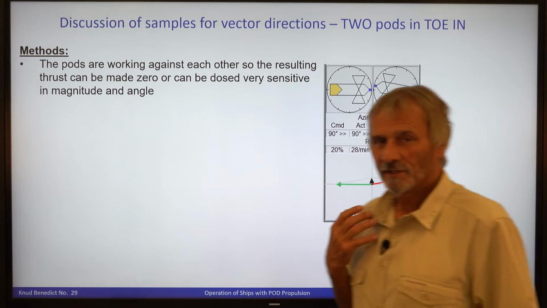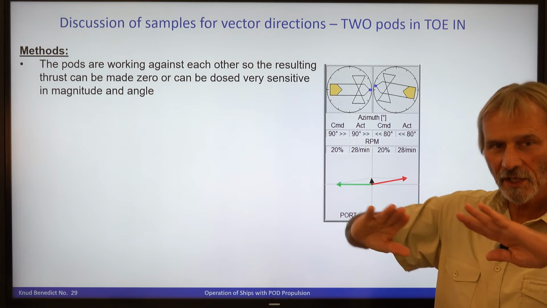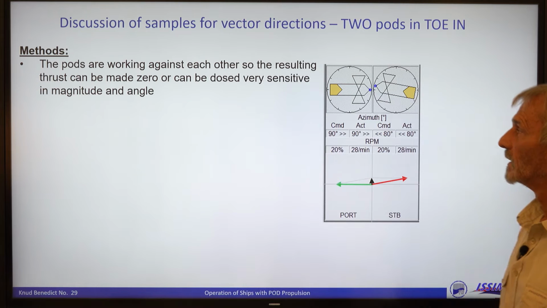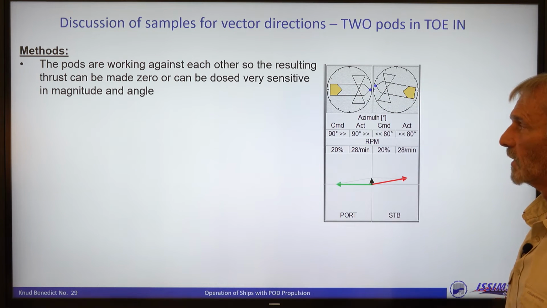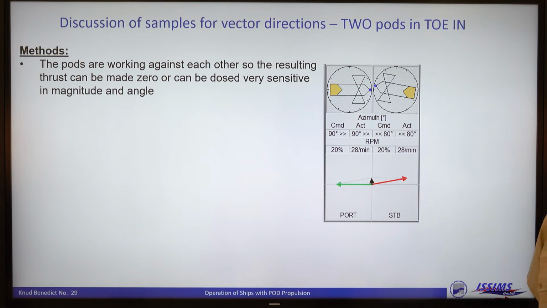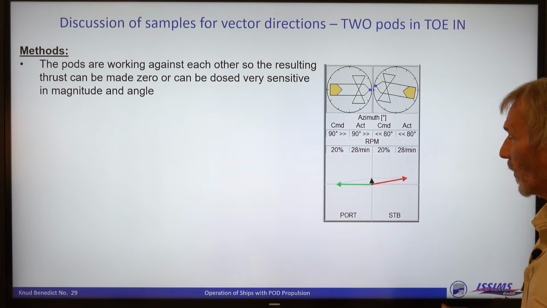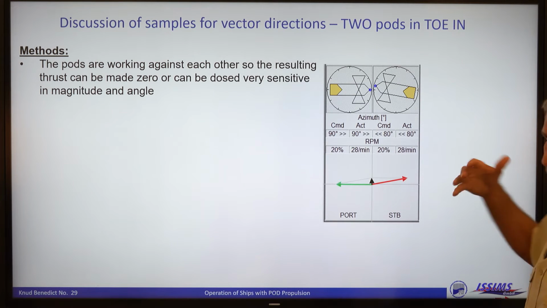Okay, the next chapter and the last one is now about the toe-in configuration. So that means the pods are working against each other. So the total thrust vector, the black one here, can be made to 0 or even very small. So it's very sensitive.